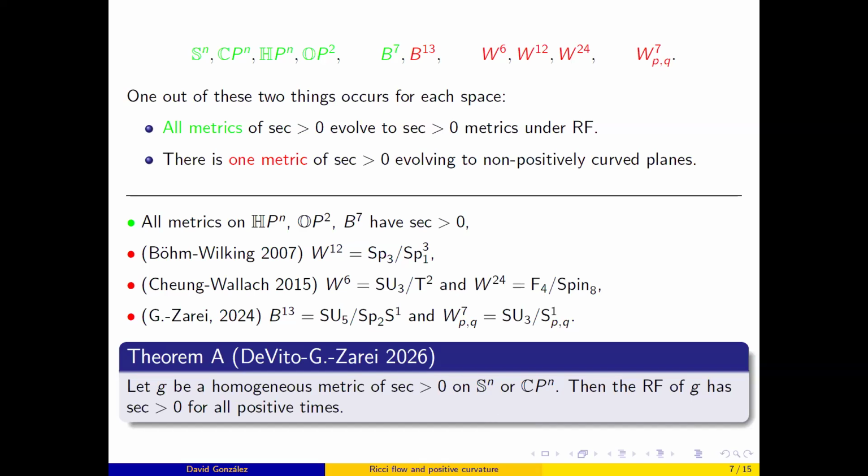Okay. So as you can see, this theorem closes this classification, right? It tells you which spaces belong to the red class and to the green class. And this is what we are calling theorem B. I put it up there.